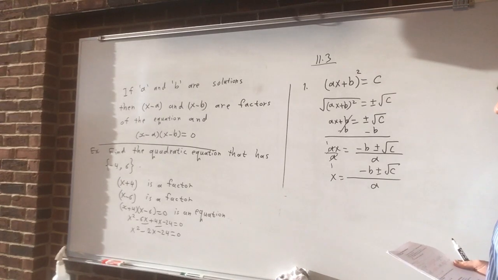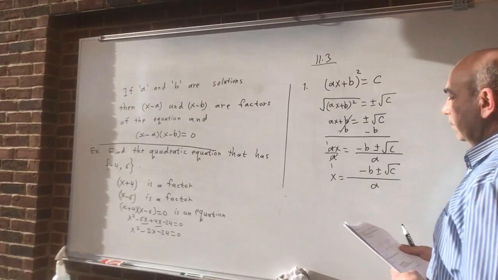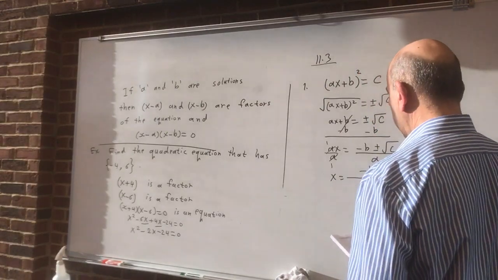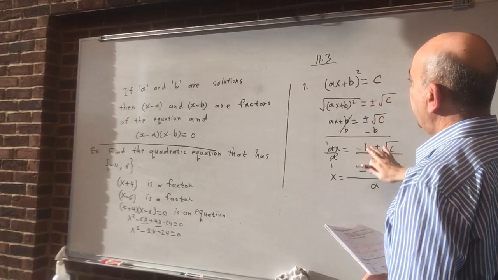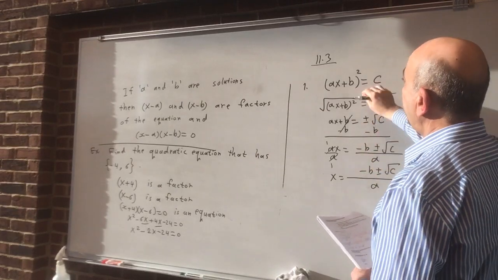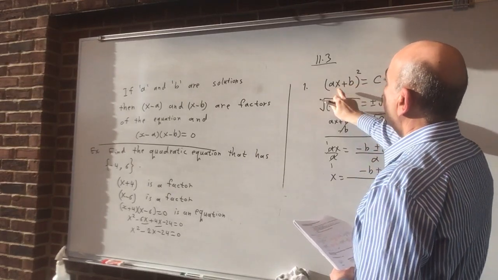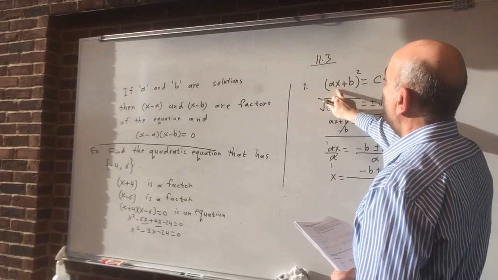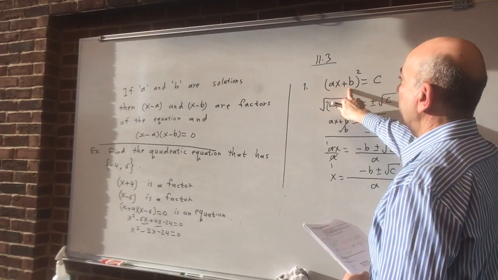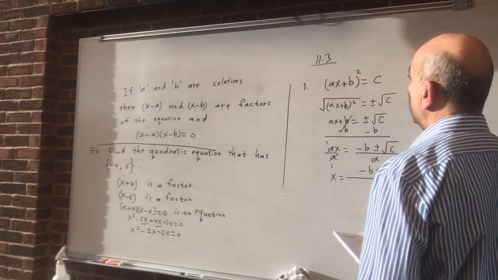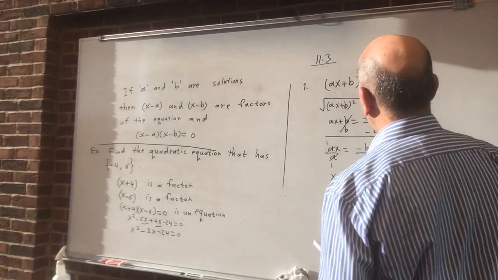Step 2. Write the equation. You can solve it by this, or we can multiply these together. Multiply this binomial by itself to get another equation, which is a quadratic equation.